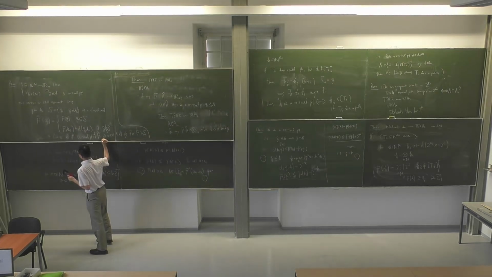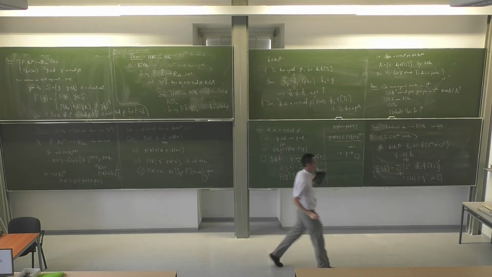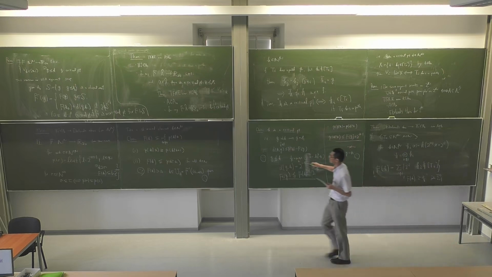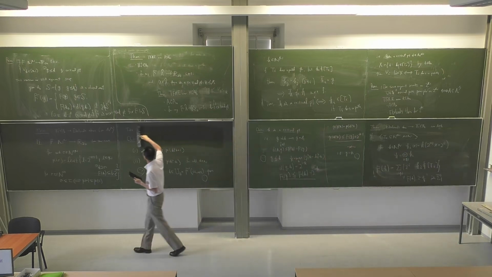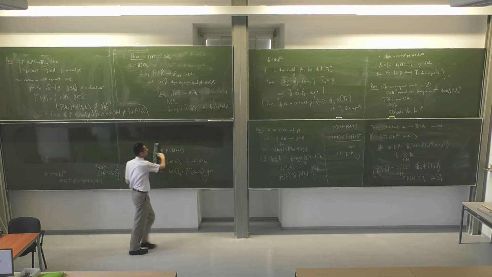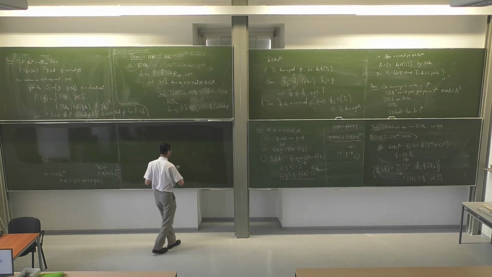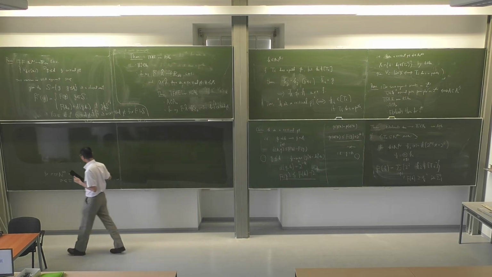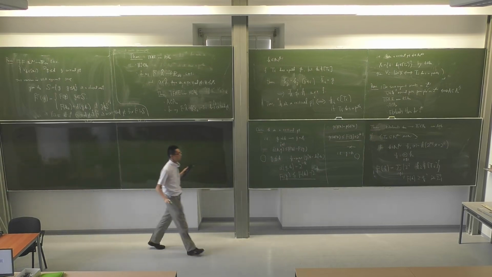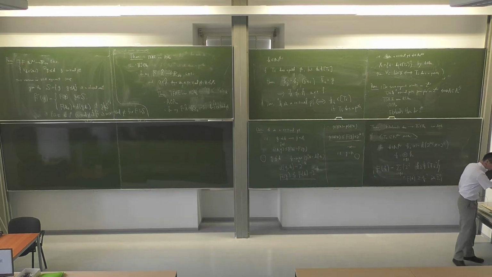And another kind of trivial consequence of the Ekeland theorem is the so-called Caristi's fixed point theorem.